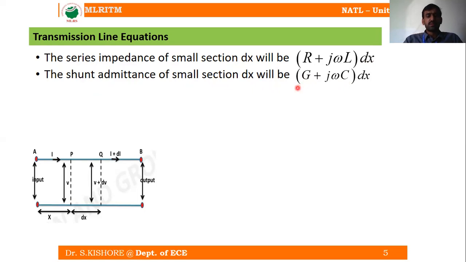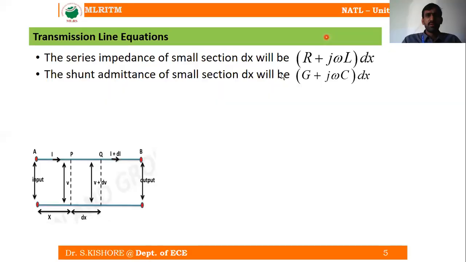Right? As we know that dx is very small, the voltage drop from P to Q may be considered due to the current flowing through the series impedance, that is R plus j omega L into dx.